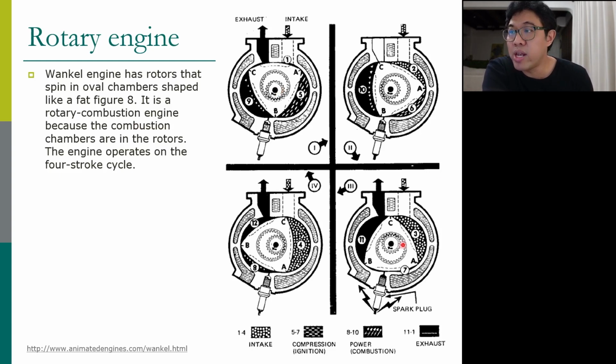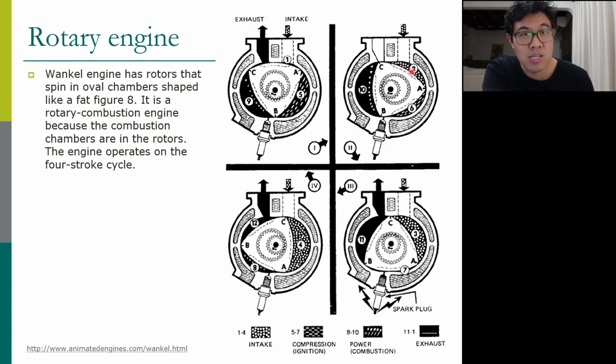So when you read this picture, read this one first. 1 to 4 are intake, 5 to 7 are compression, 8 to 10 are power, and 11 to 1 are exhaust steps. Look at this volume. As the rotor rotates, this volume is larger.